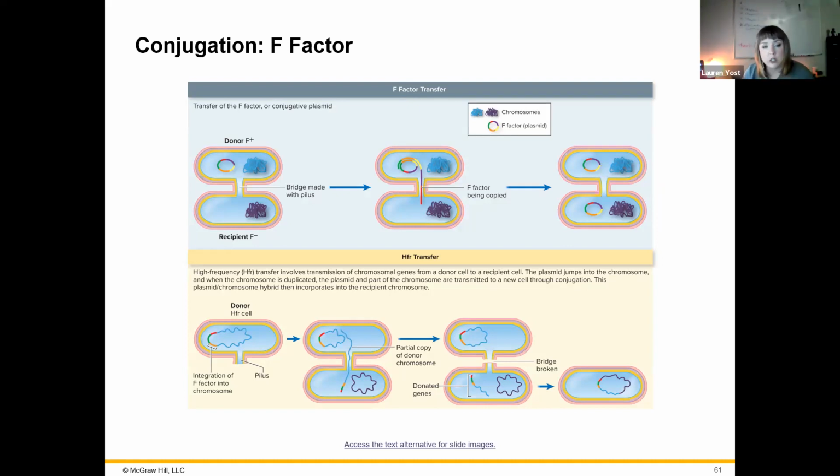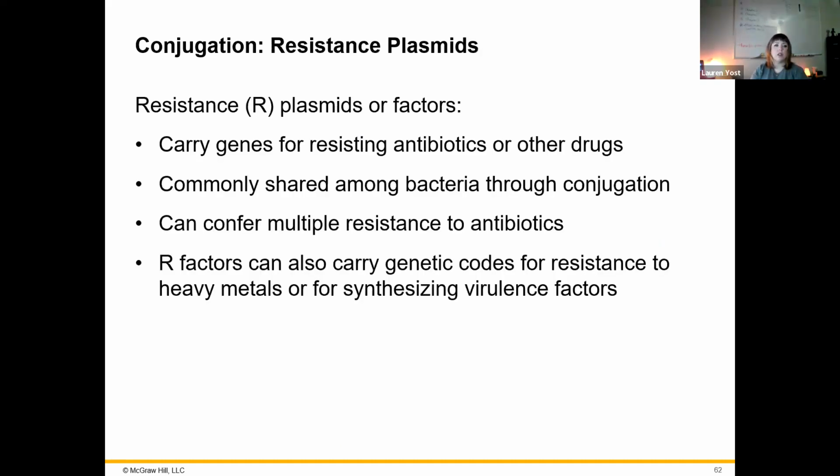Just know that conjugation is going to be involved with passing DNA from cell to cell through the sex pilus. So that's the connection that is made between those cells. There's all sorts of genes that can be typically associated with this, things like antibiotic resistance, resistance to other drugs.